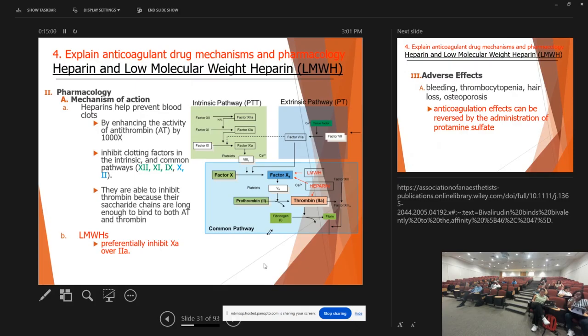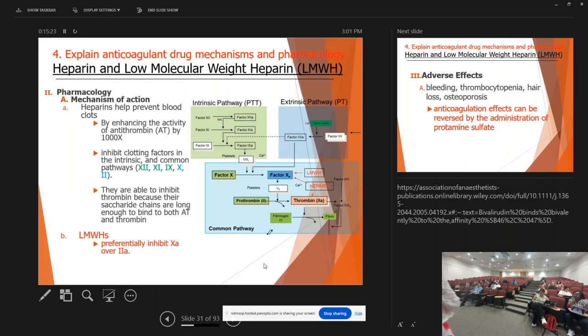So this is more of a going back into the pathway. So heparin, you can see the factor 10A and also thrombin, it can inhibit both upstream and downstream. Whereas the low molecular weight is more preferentially for factor 10A. Okay?